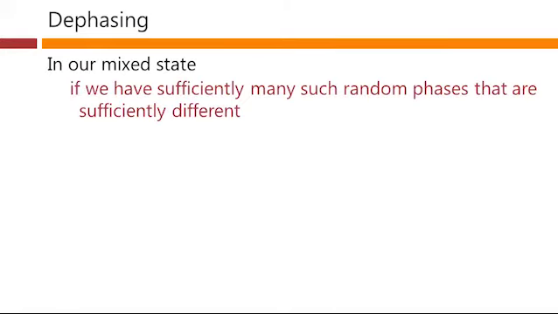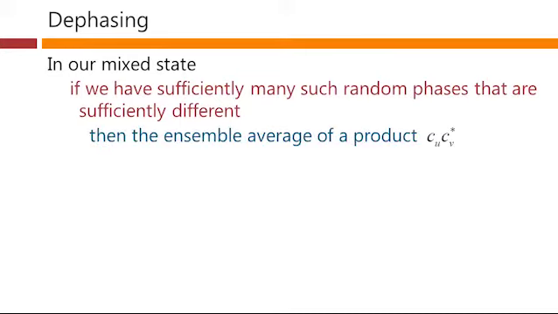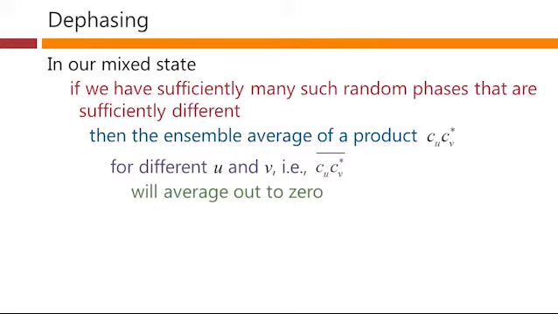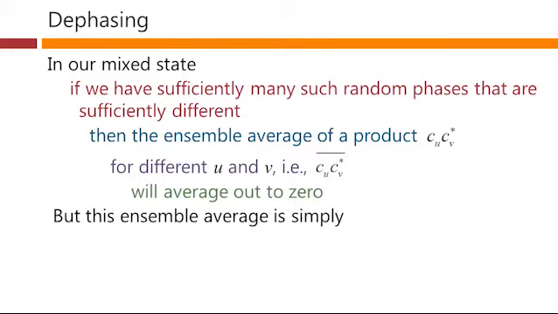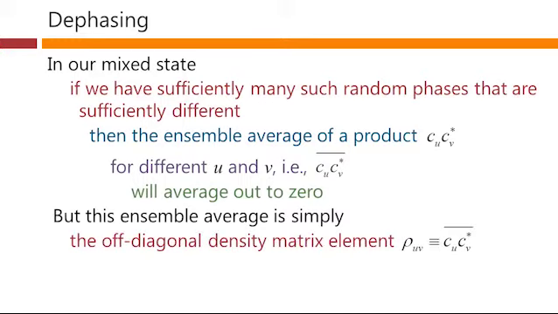In our mixed state, if we have sufficiently many such random phases that are sufficiently different, then the ensemble average of a product like this, for different u and v, will average out to 0. But this ensemble average is simply the off-diagonal density matrix element.